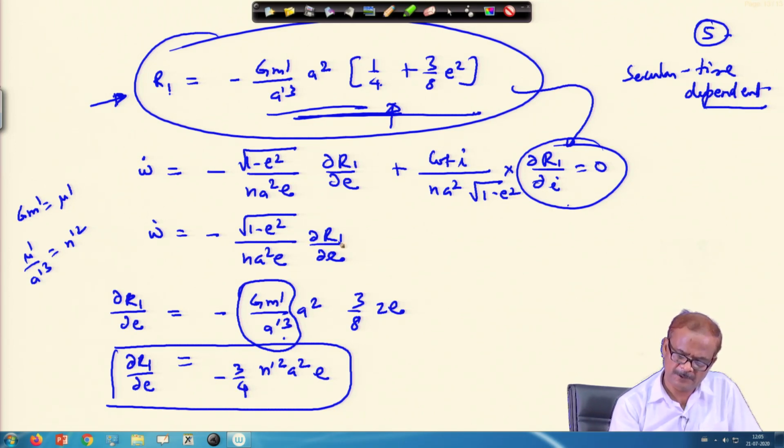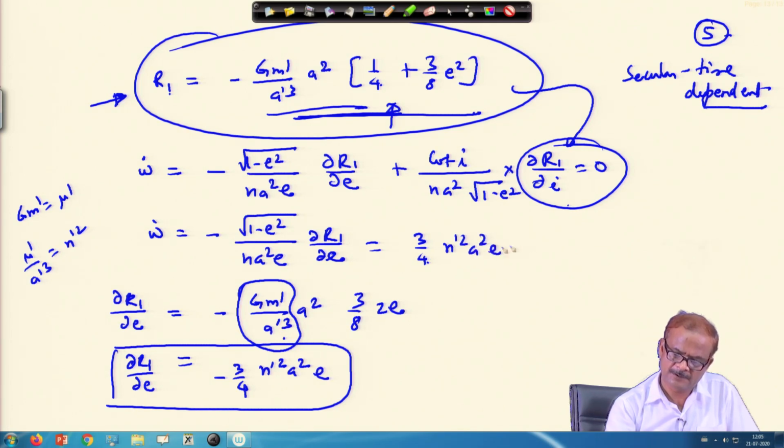And of course, 1 minus e squared, then we have to evaluate this term. So, once we insert this, minus minus gets plus. So, this gets 3 by 4 n prime squared a squared e times the square root of 1 minus e squared, divided by n a squared e.